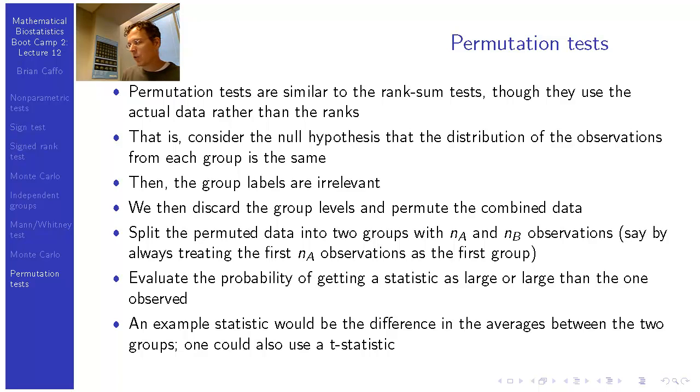And I go through the procedure here. You could permute the ranks and then create a rank statistic. I also want to distinguish, there's two ways to think about this. One is, imagine if your treatment was actually randomized, then you can think of the permutation test as actually redoing the randomization.